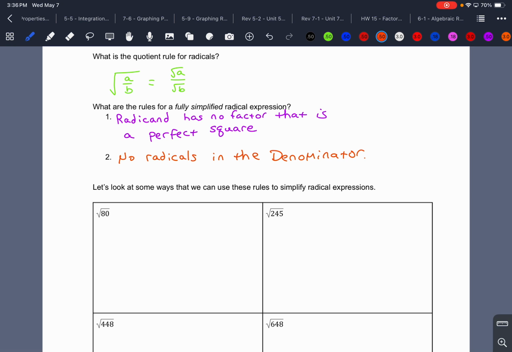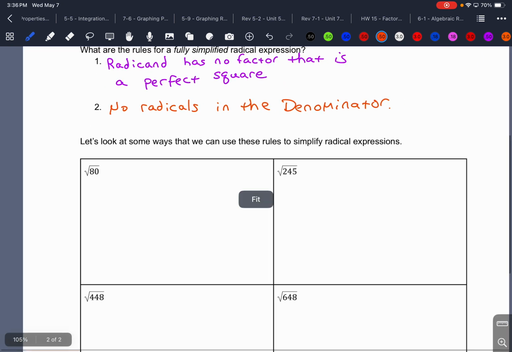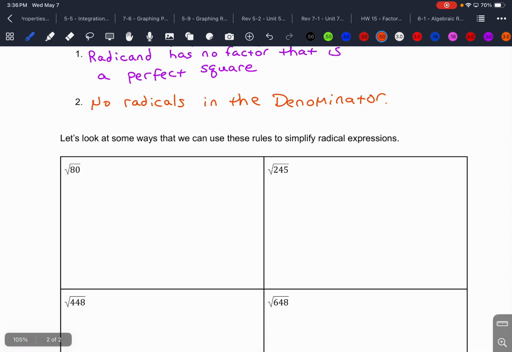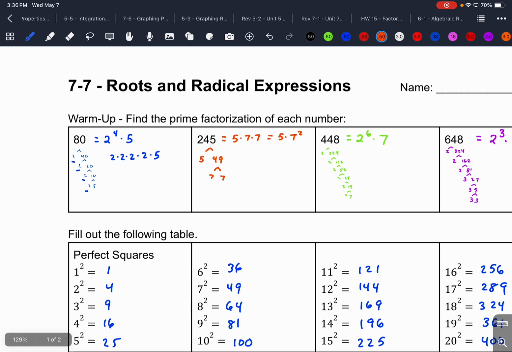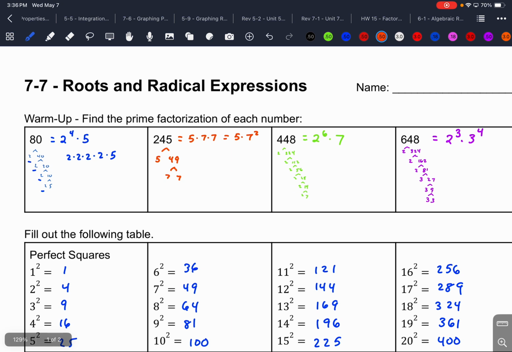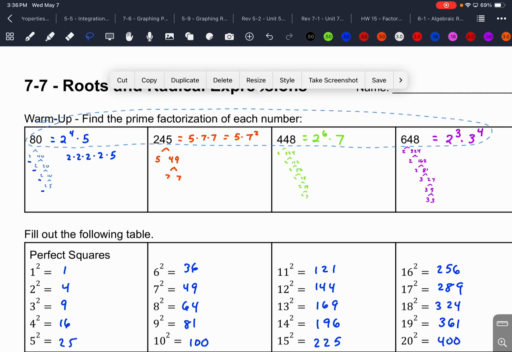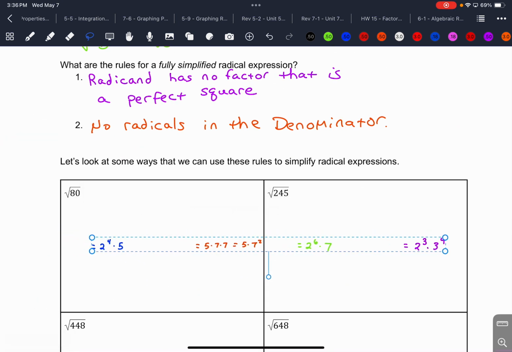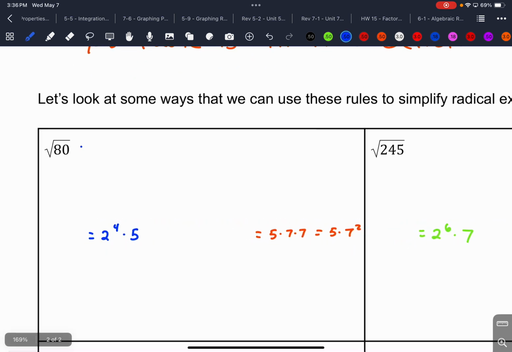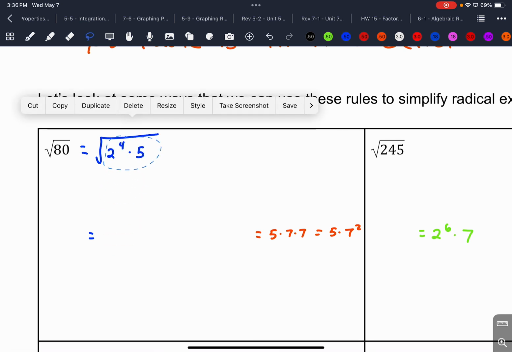Same thing goes here. So if you notice, all of these are the same as these, right? So would I put, so if it was 2 to the 6th, all right, so what I'm going to do is I'm going to copy this and bring it over here. Okay, so square root of 80 is also known as the square root of this.